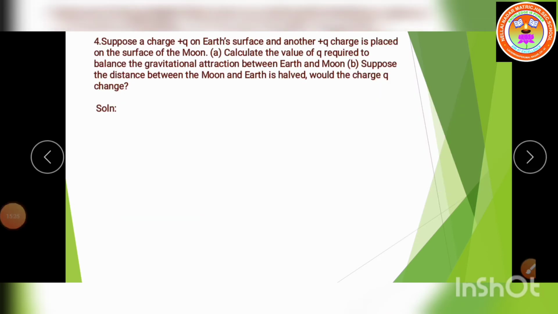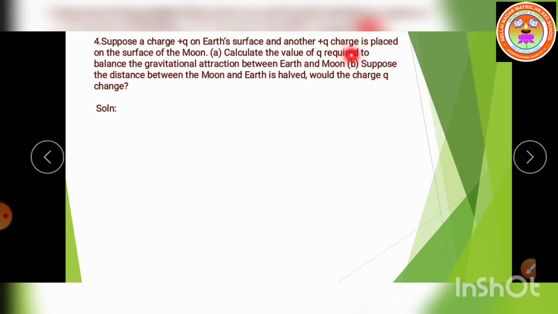Next question number 4. Suppose a charge plus Q on Earth's surface and another plus Q charge on the surface of the moon. They asked to calculate the value of Q. Okay, what are they asked to calculate?